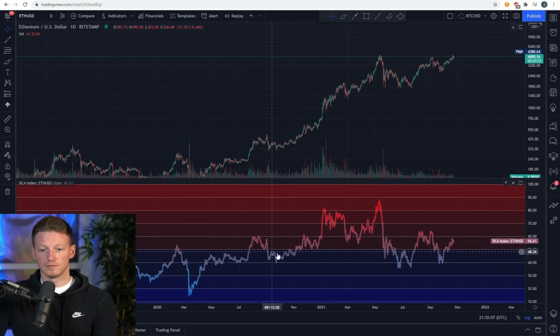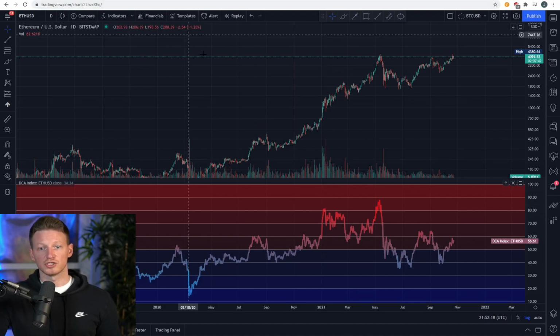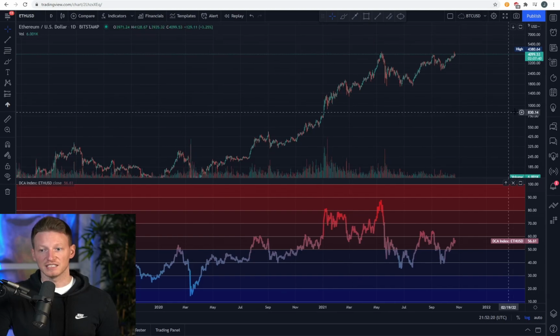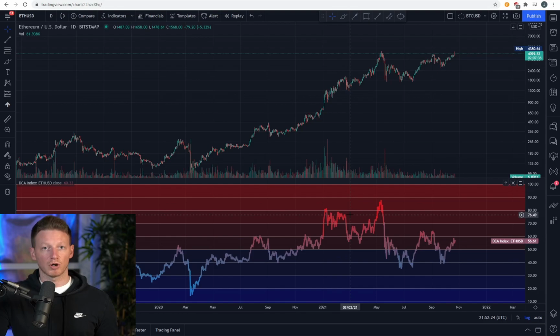So, like I said, and again, I cannot stress how important this is to take note of. There is less data for the altcoins. So you cannot be as confident in the altcoin models as you are in the Bitcoin model.